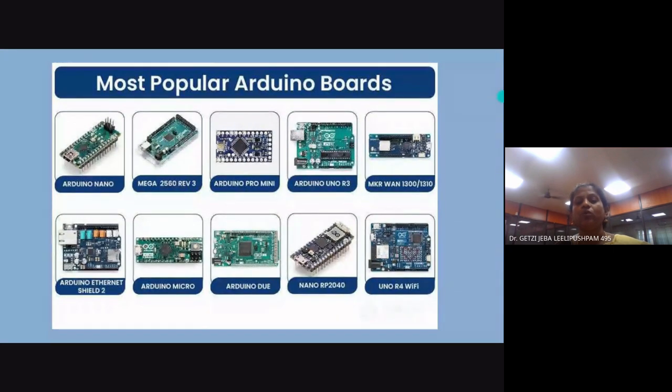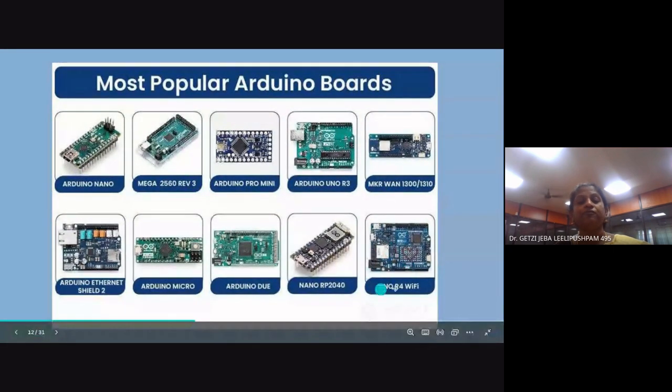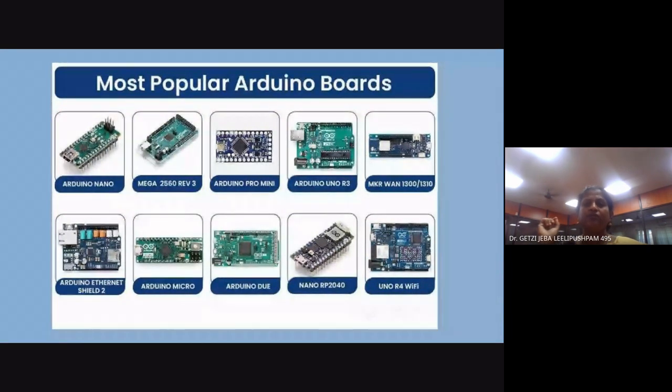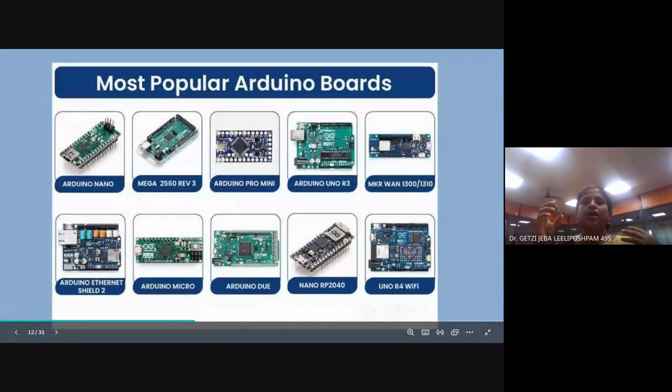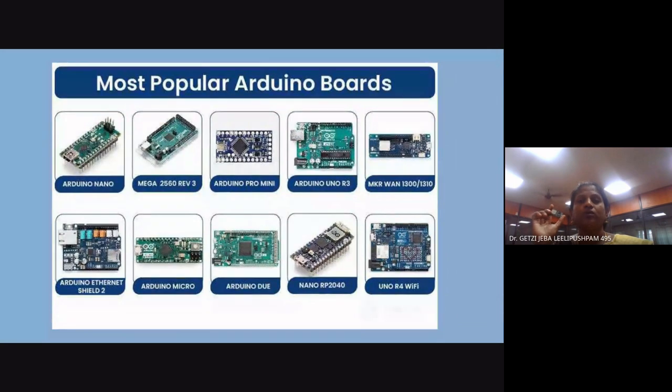There is one more called Arduino R4 Wi-Fi, which comes with an inbuilt Wi-Fi configuration. Mostly, if we are going for a Wi-Fi based project, we'll go for NodeMCU boards. Suppose you want Wi-Fi connectivity, then you will go for NodeMCU boards. But now that is possible with the Arduino R4 Wi-Fi.